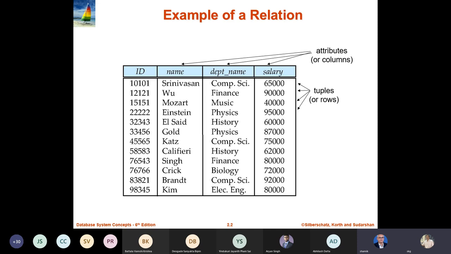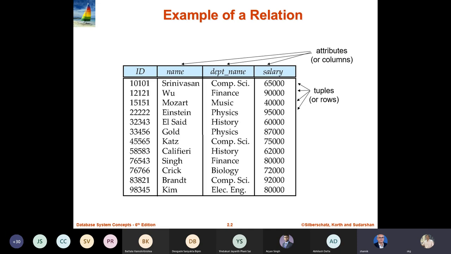So one such thing, which is what the whole course is all about, is the relational database model, right? We'll be working mostly on the relational database model. If time permits, later on we'll see other things which are extensions of this.